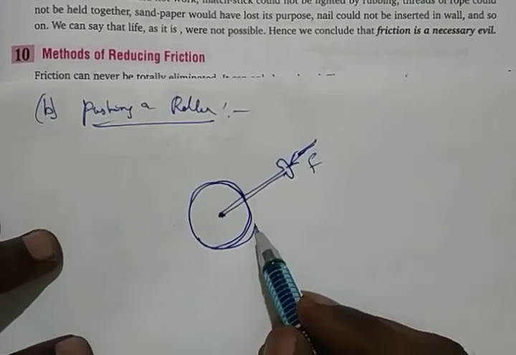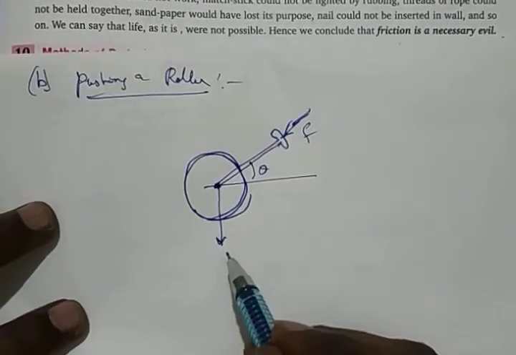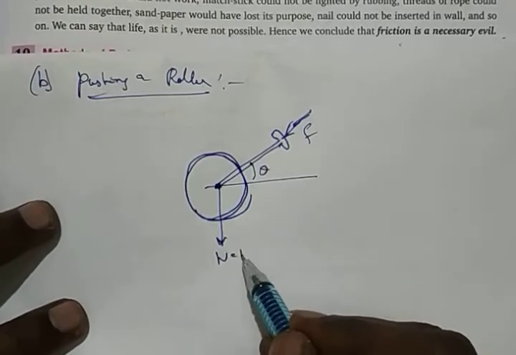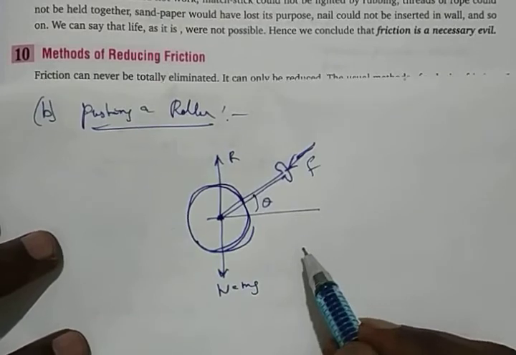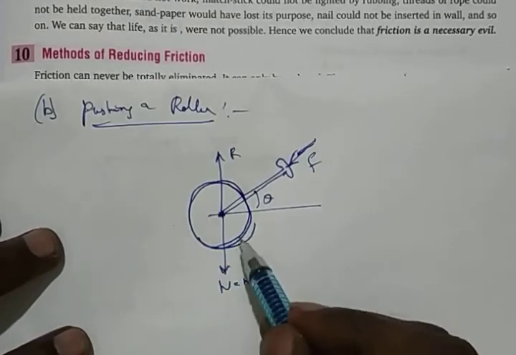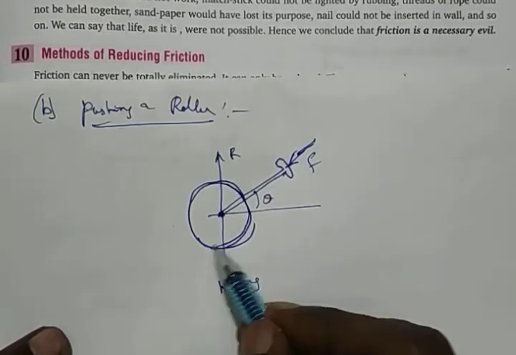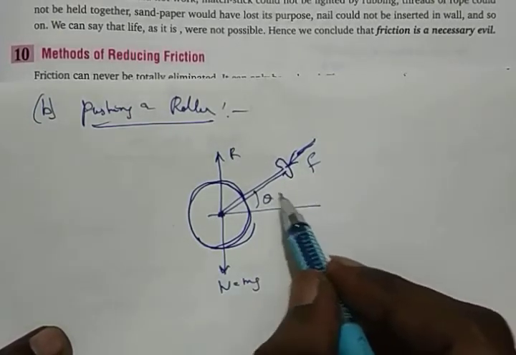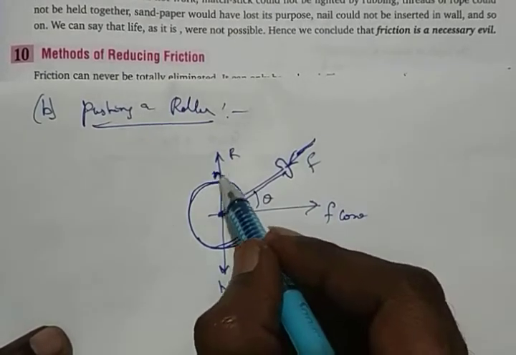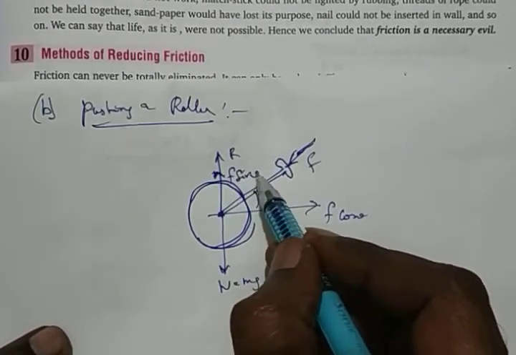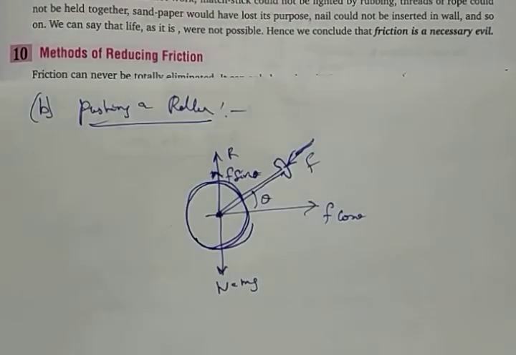When you give a force in this direction at the angle theta here, you already know the weight is acting downwards, that is equal to mg, and you have the normal reaction, capital R, and the wheel has to move. So when you're pushing, it goes in this direction, right? Now this is F cos theta, and here it is F sin theta. So these are the two components.